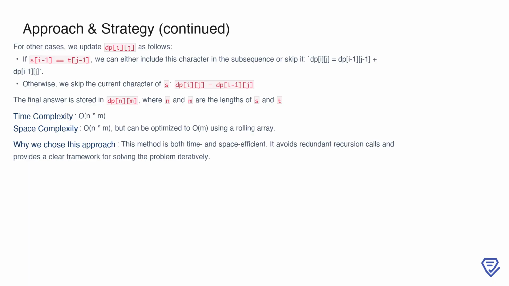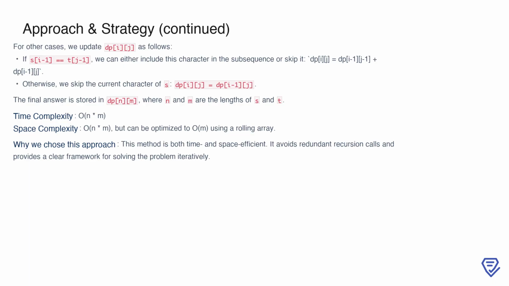The dynamic programming, or tabulation, approach is the most efficient and structured way to solve this problem. Here, we define a DP table, where DP[i][j] represents the number of distinct subsequences of S[0..i] that match T[0..j]. The base cases are straightforward. First, there is exactly one way to match an empty T to any prefix of S, which involves deleting all characters.